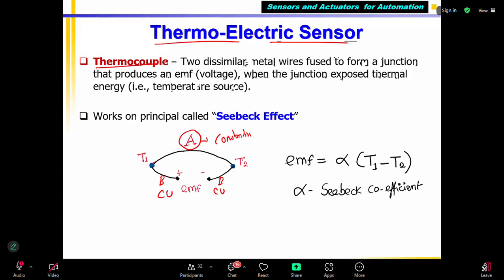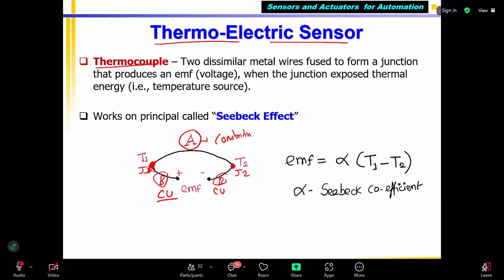This wire is made of constantan. By connecting or melting, I make a junction by fusing one end of the constantan wire with one end of a copper wire. I form this junction, I call J2. Similarly, the other end of the constantan is fused with another small piece of copper wire, making a junction. This I call J1, correct?